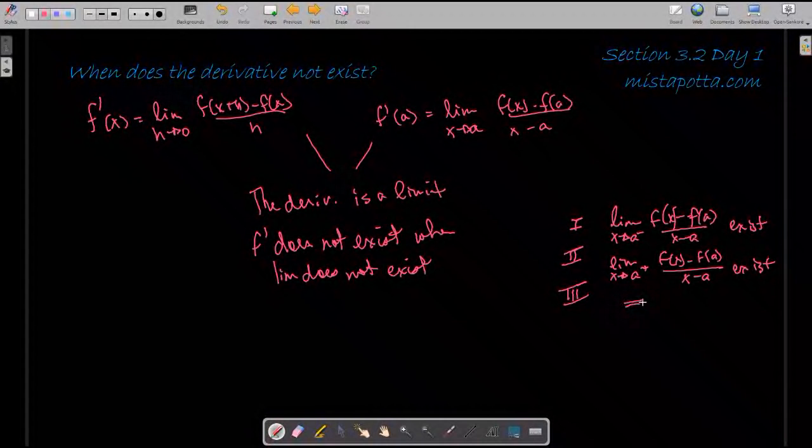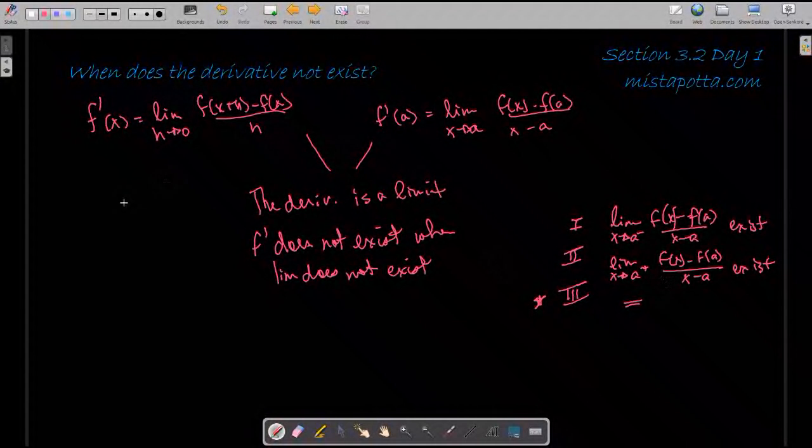And they have to be equal. So it's going to look like this. Basically, I'm either going to be missing my left limit, I'm going to be missing my right limit, or most likely, for the problems that we'll be facing, those left and right hand limits won't be the same.